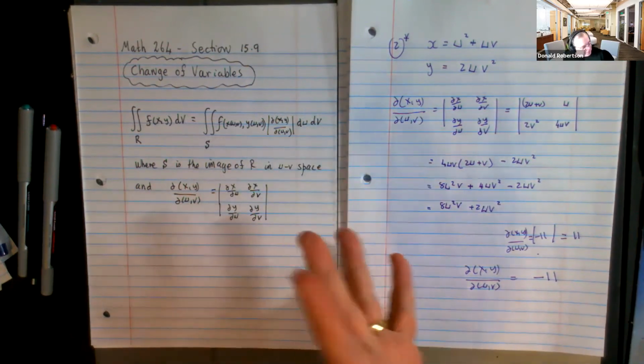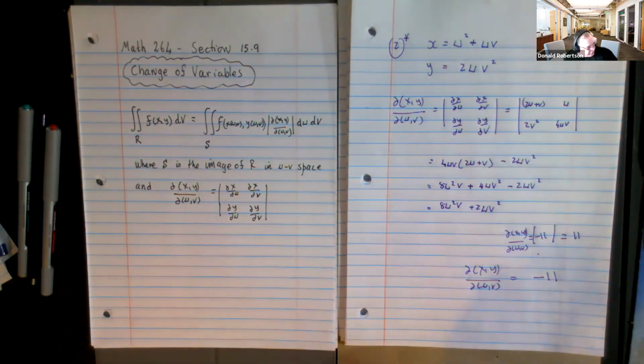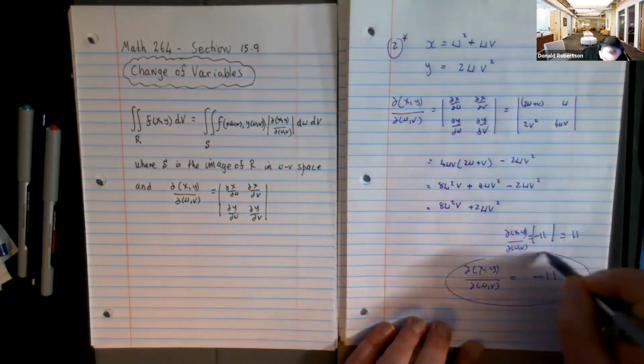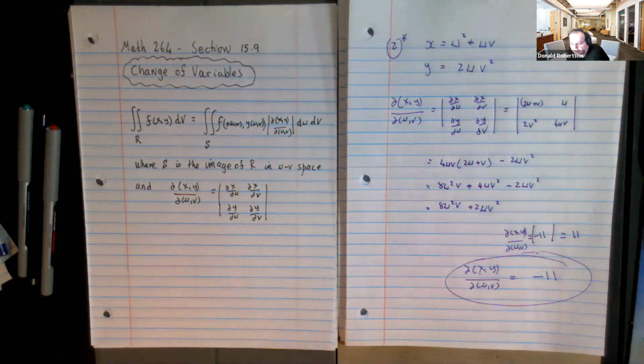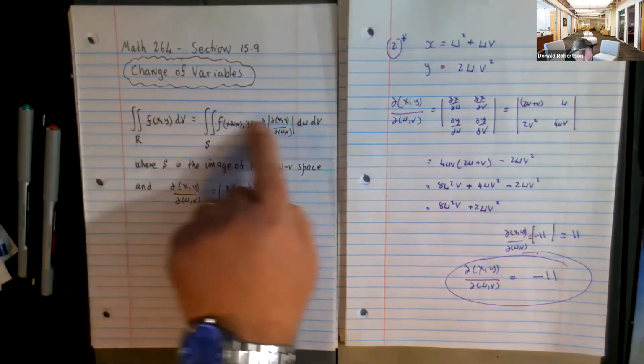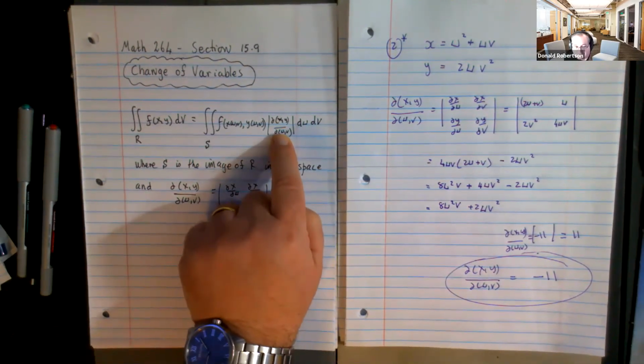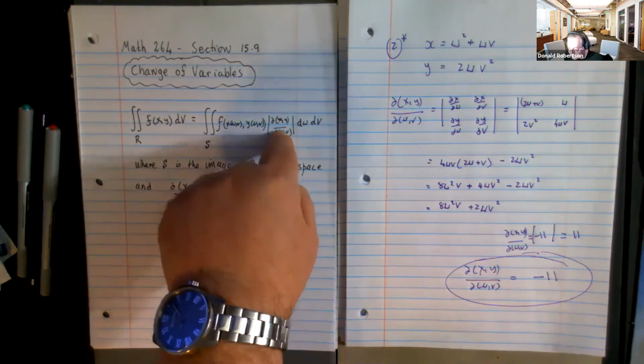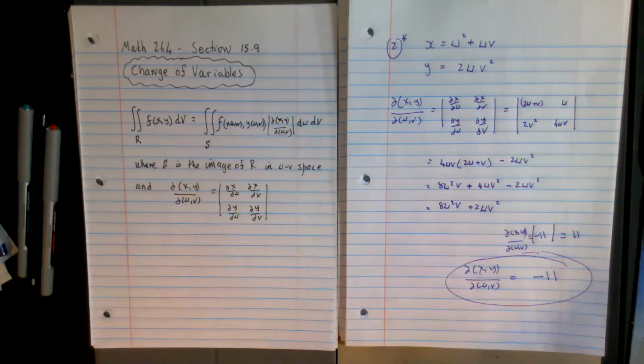In the early questions, they just want to know the Jacobian, which means if it's a positive or negative number, that's what you get. In the second half of the questions, where you actually start finding integrals, this might occasionally be a negative number, so remember to convert it to positive 11. On the other hand, when you put it into the integral, you want to take the absolute value of it rather than leaving it negative.